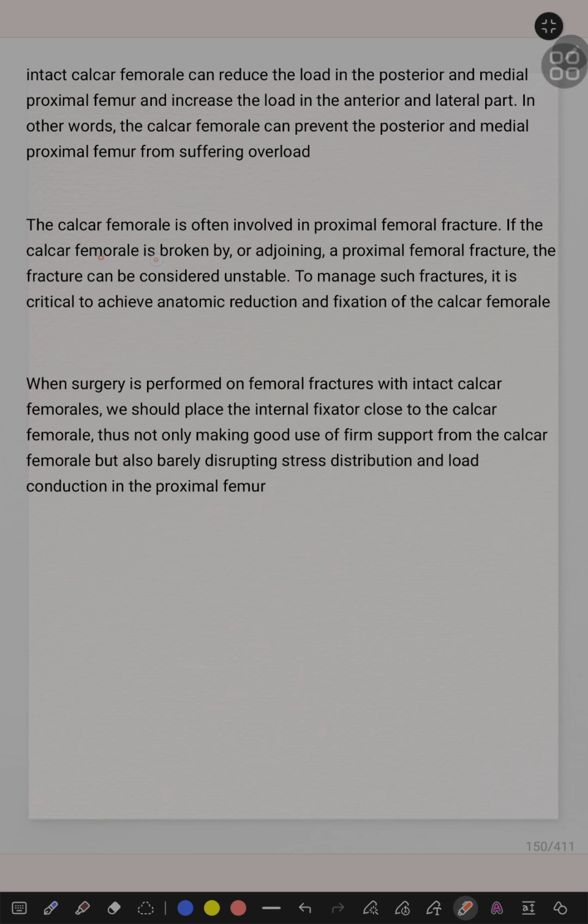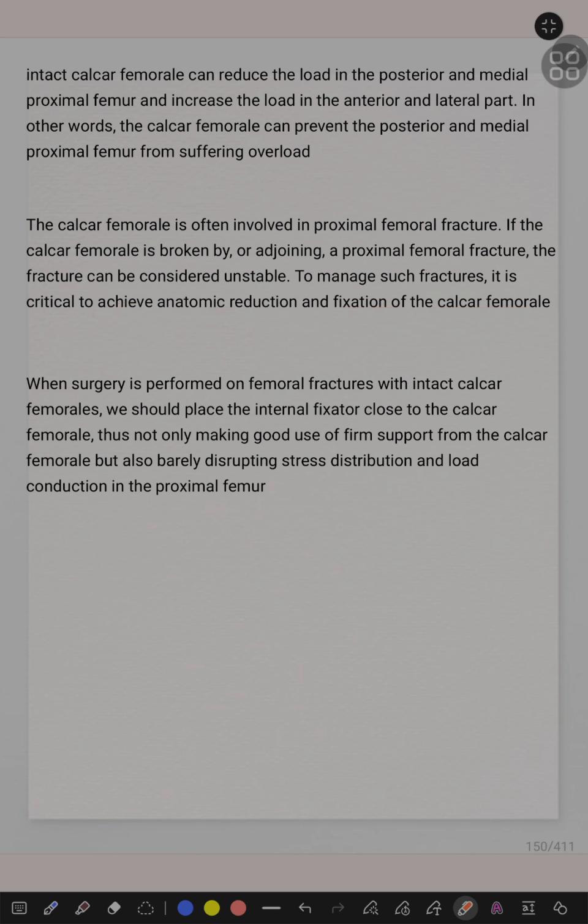If it is broken in a proximal femoral fracture, the fracture can be considered unstable. It means if a proximal femur fracture involves the Calcar Femorale, it is considered unstable. To manage such fractures, it is critical to achieve anatomic reduction and fixation of the Calcar Femorale.